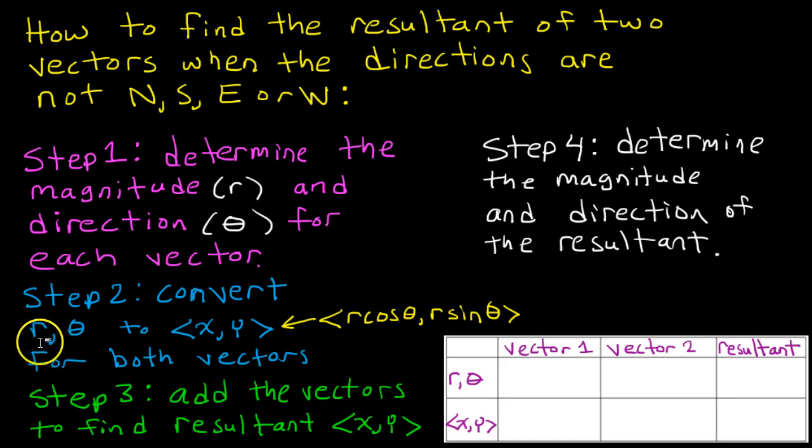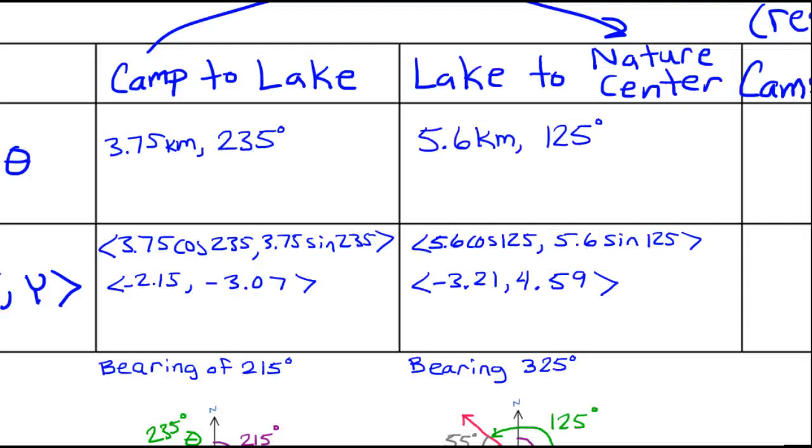We now converted the magnitude and direction into component form for both vectors. Step 3, add the vectors to find the resultant in component form. So I'm just going to add these vectors together by adding the corresponding components.